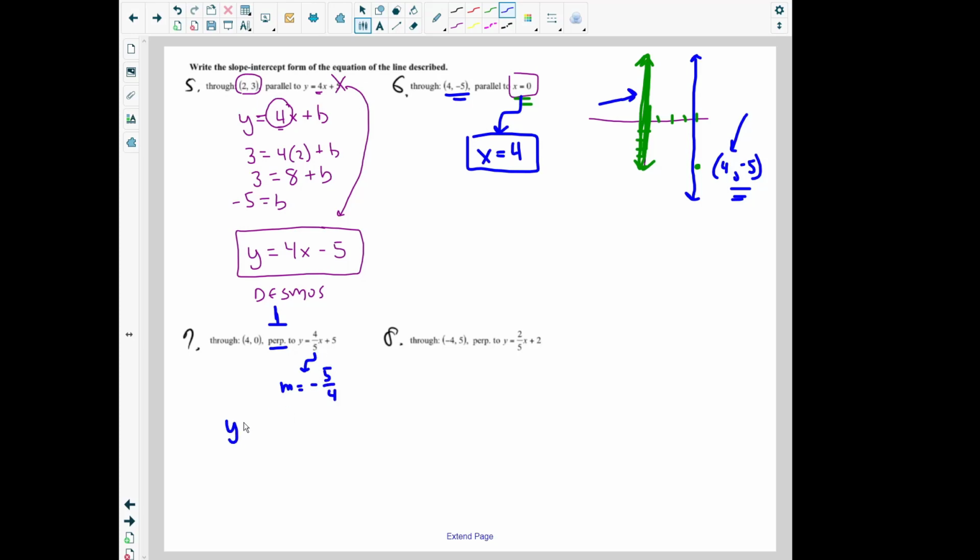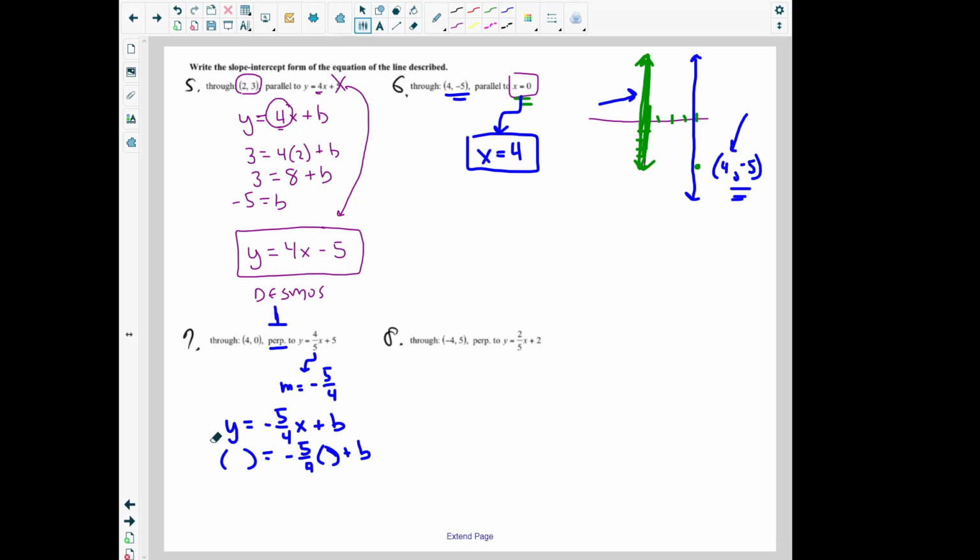The rest of the problem works the same way as we always do, which is just plug that in for m, leave the x alone and the b, and then we're going to plug in a point into our equation to solve for b. I'm just going to change colors here a little bit.